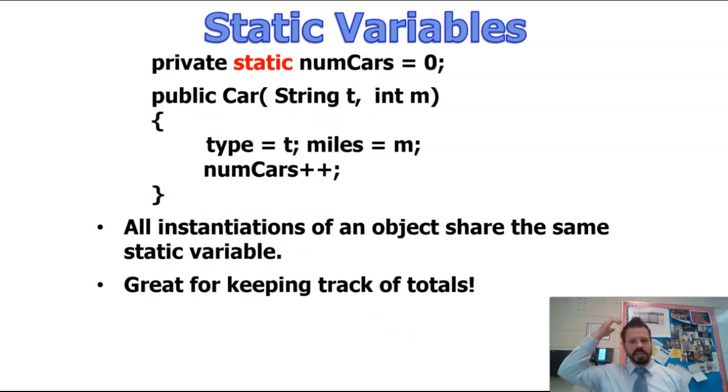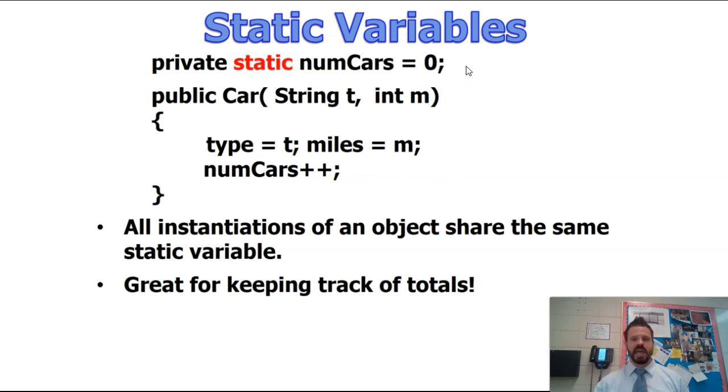Let's talk about both ways static is being used in this program. Okay, so first off, the static variable, we have private static numCars gets 0. Okay, with static variables, typically we set them within the class, not within the constructor. And notice what my constructor is doing here then is when I create a car, at the end of it, it's going to add 1 to that number of cars.